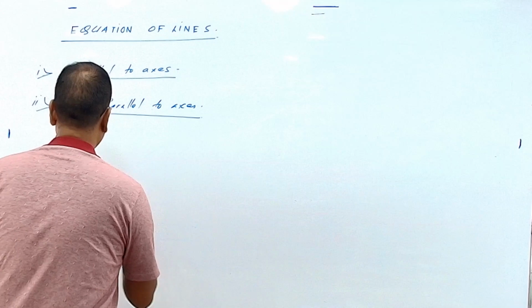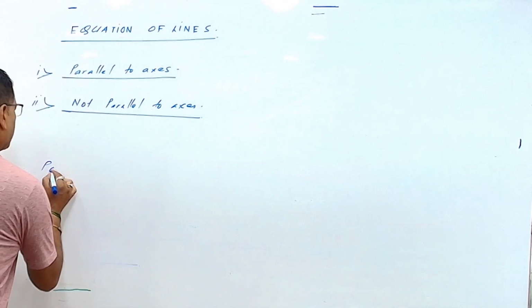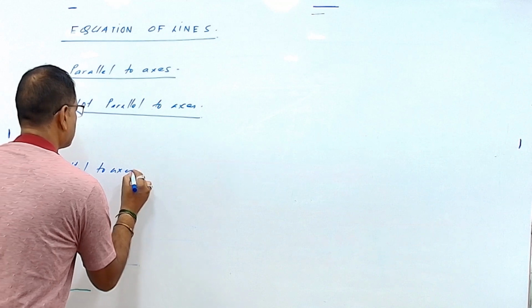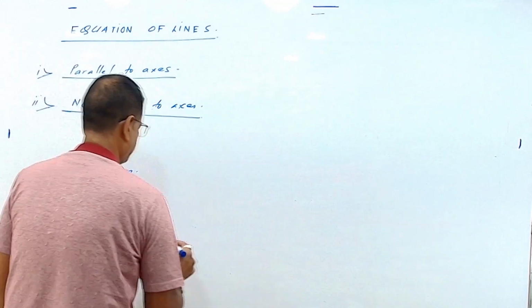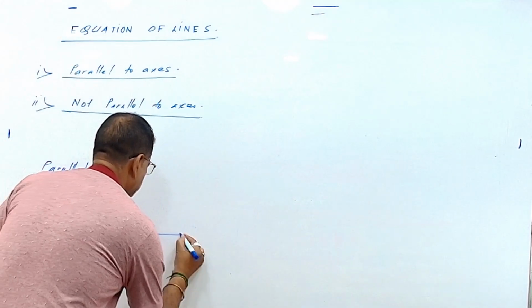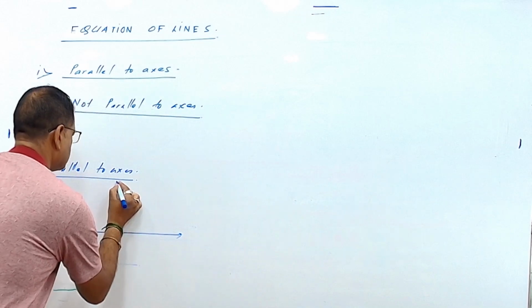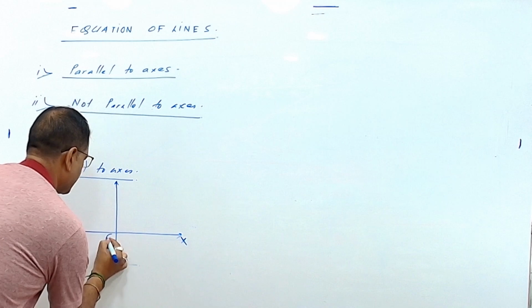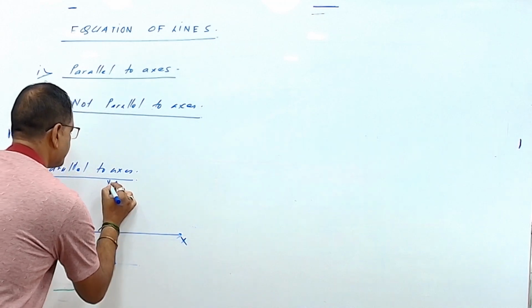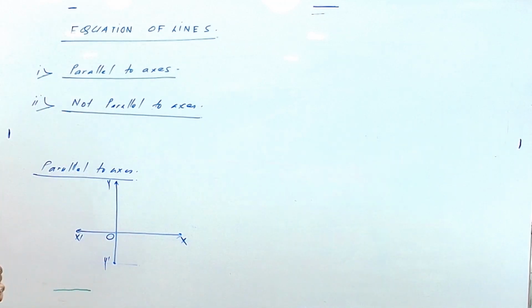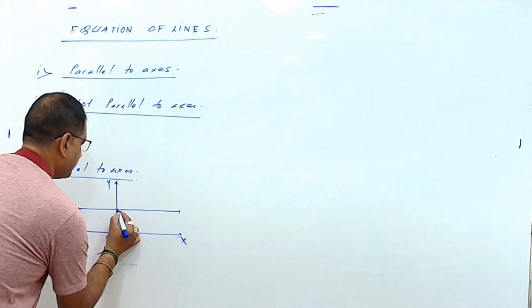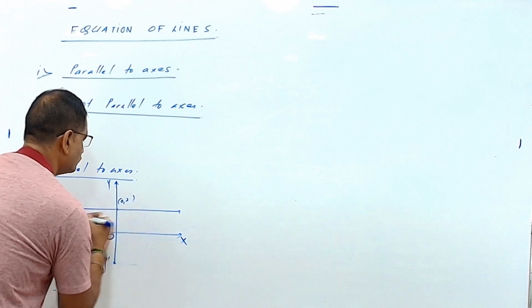In the first case, parallel to axis, x o x dash, y o y dash, right? Suppose the line is parallel to x-axis and it is passing through 0, 2.